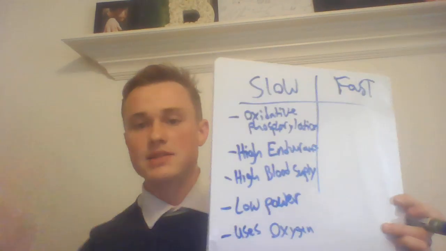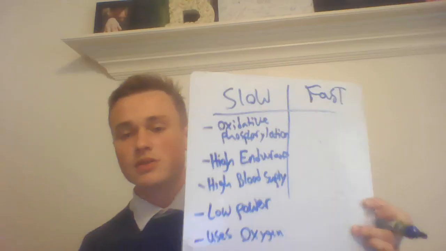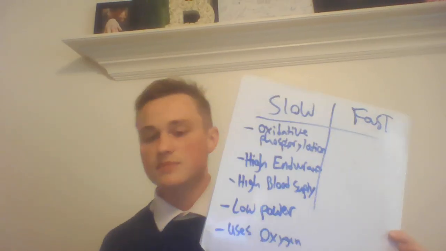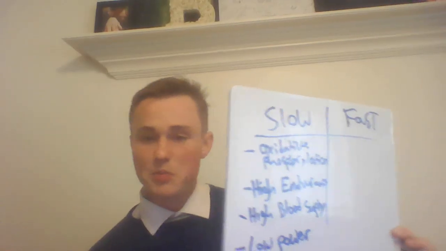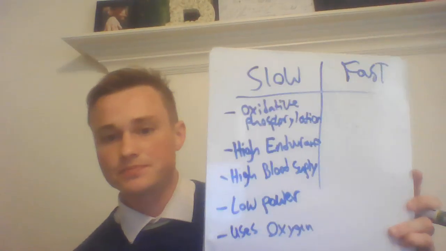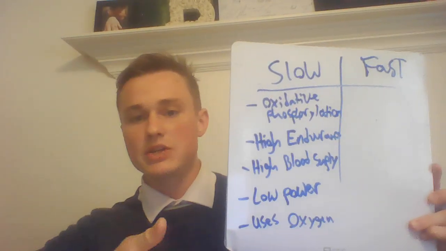And that's it. That's what slow twitch muscle fibers are. Another way to say slow twitch muscle is type 1 muscle fiber. So type 1 muscle fiber will have all these characteristics.